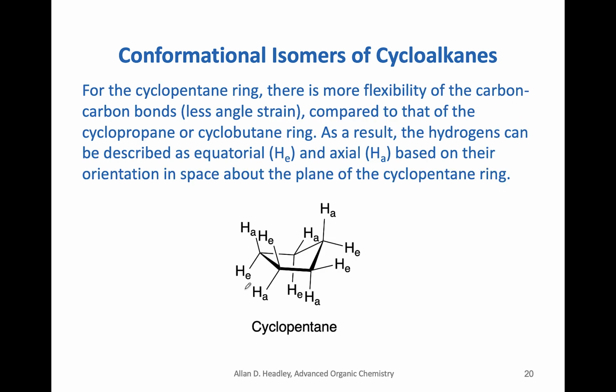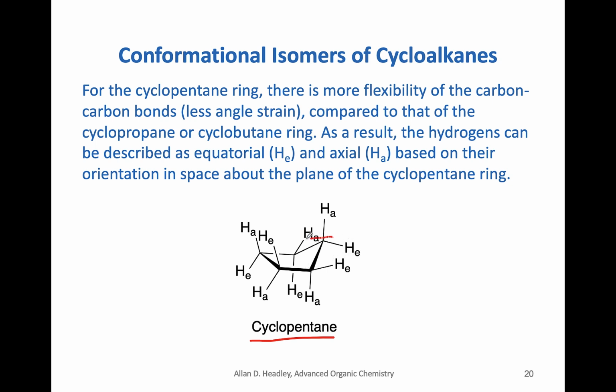Let's see what happens here with the cyclopentane. As you can imagine, less angle strain, more flexibility between these carbon-carbon single bonds, and in fact they can rotate a little bit, but not much, to the point that these hydrogens are showing now as different. So we can describe these as H-A axial and H-E equatorial. What does that mean?